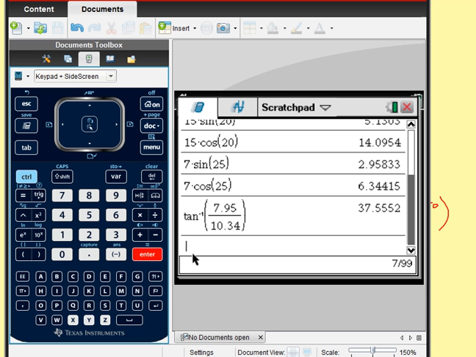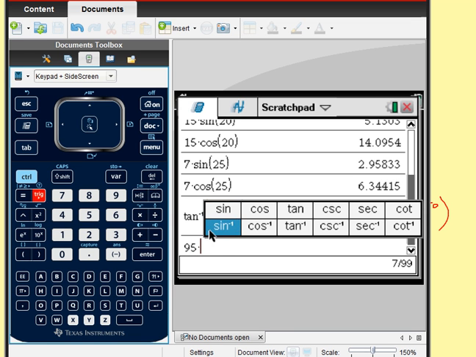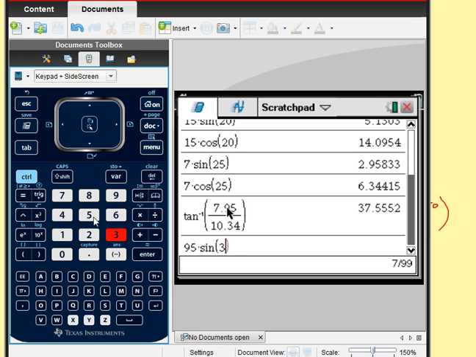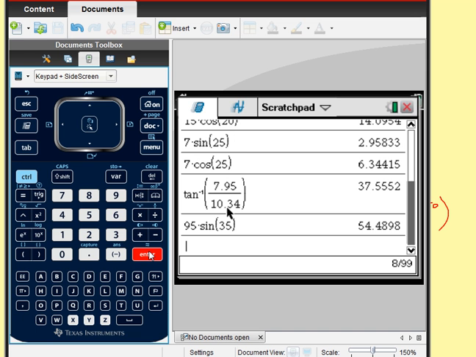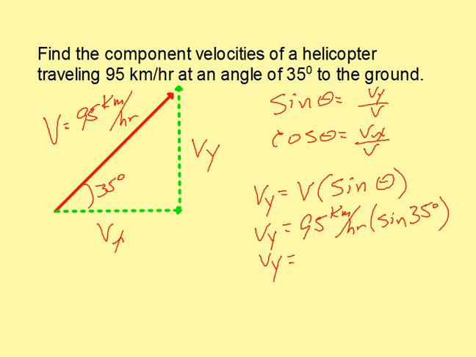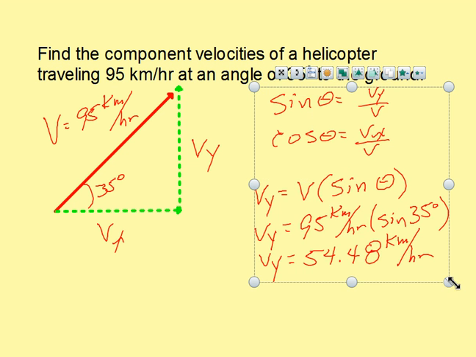Get the calculator out. 95 times sine 35 gives us a magnitude of 54.48. Velocity of Y is 54.48 kilometers per hour.